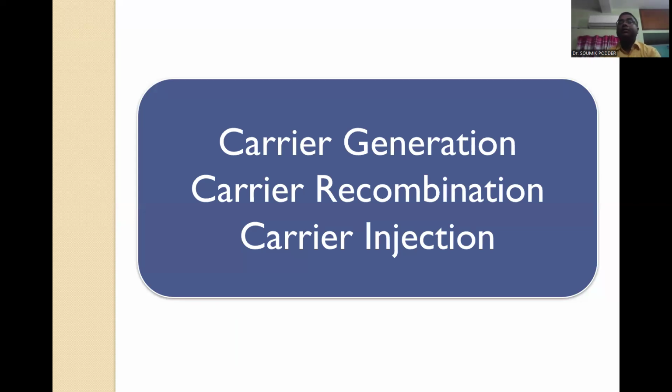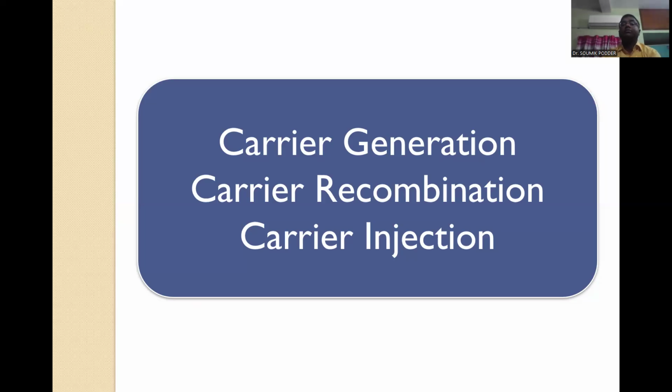We know that electrons and holes are the two types of charge carriers present inside a semiconductor. Now the question arises, are they initially present inside the semiconductor, or can we modulate the generation of carriers, or will their concentrations be the same? So let's discuss this in this session.